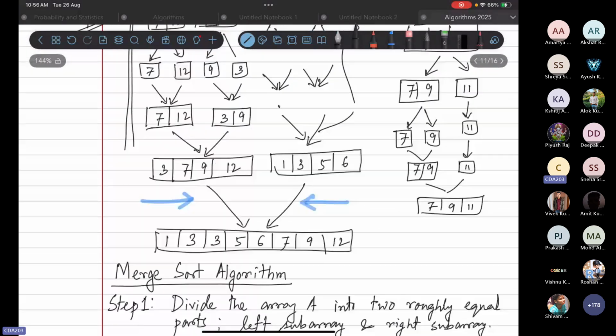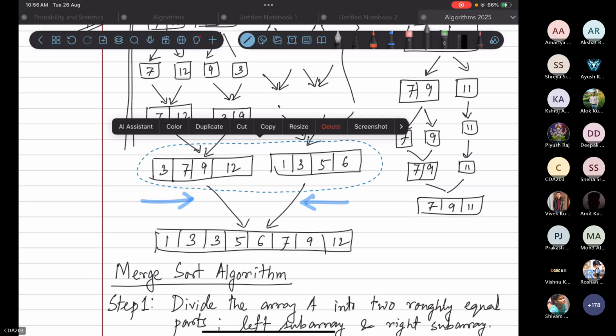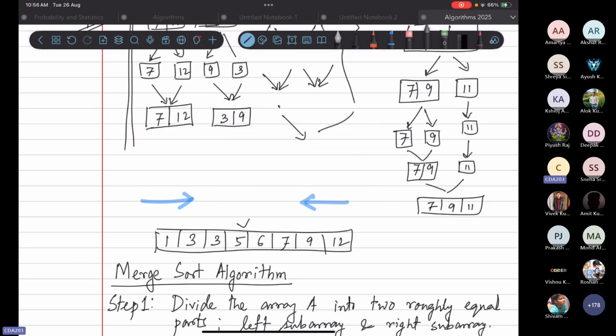Let me consider this particular example here. Let's see if I can copy it.